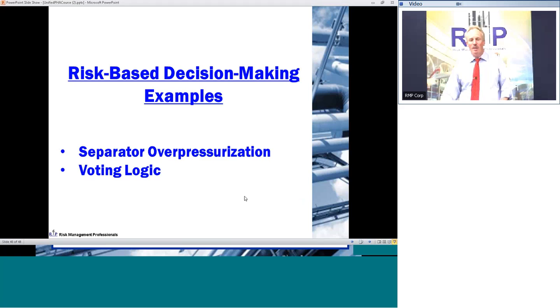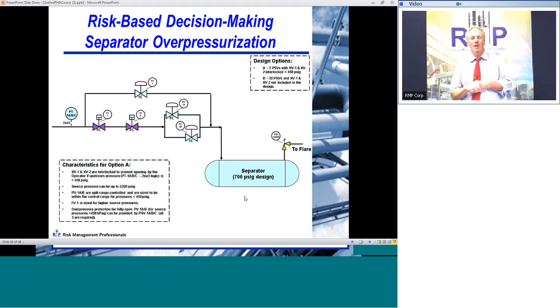The first one is separator overpressurization. This is an example from one of the projects that I worked on, where you had a downstream separator. Based on the extreme pressures on the upstream, or left-hand side of your screen, the potential for a large pressure pulse that could overpressurize the separator was extreme.